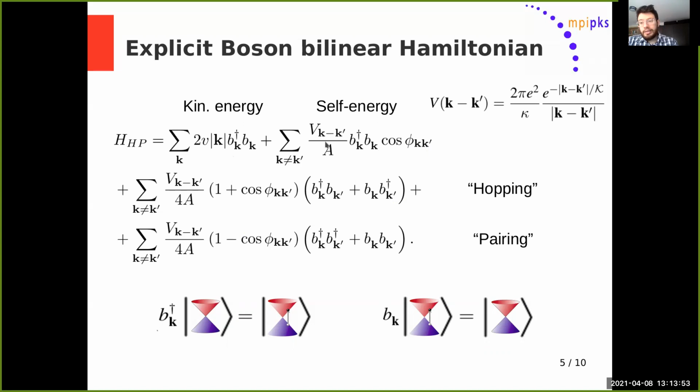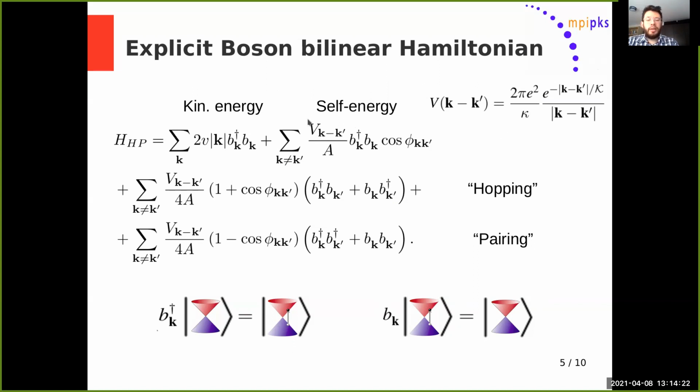And this self-energy will correct not the mass, because remember that these systems are gapless, but the velocity of the electrons in the system. So this self-energy will correct this parameter v. What is the form of the potential? It is this one. It's a UV-damped Coulomb potential, where K is the UV cutoff.